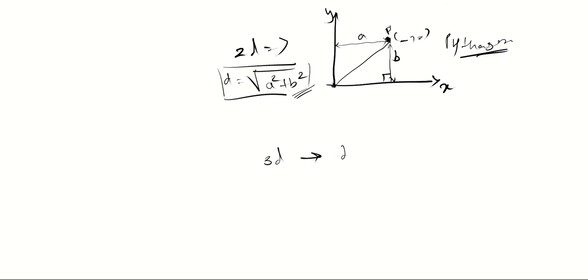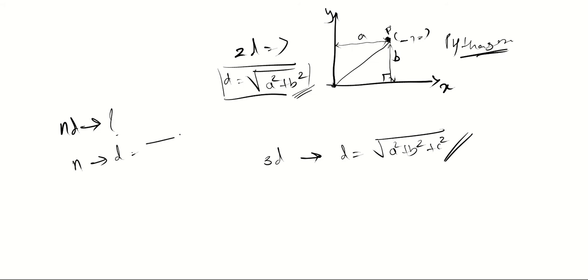For example, in three-dimensional space, the formula for the distance of a point will be the square root of a square plus b square plus c square, and that's it. Now moving on to n-dimensional space, it won't change that much. It will simply have n components. So the distance will be nothing but the square root of a square plus b square plus c square up to n square, where n represents the components.